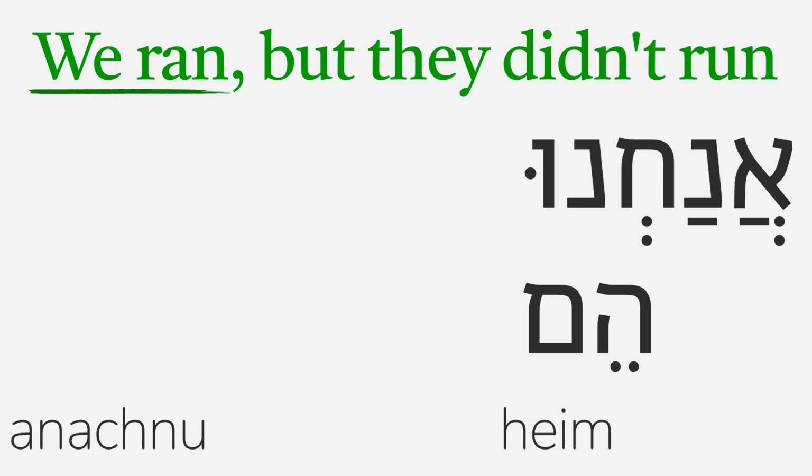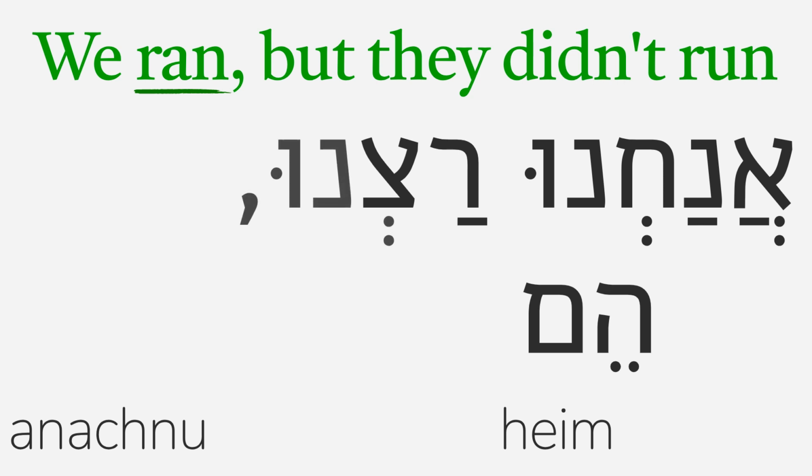We ran then will be anachnu, we, with the verb ran in the anachnu form. This is made from the hu form ratz, he ran, by shortening its kamatz to a patach and adding the ending nu, ratznu, we ran.